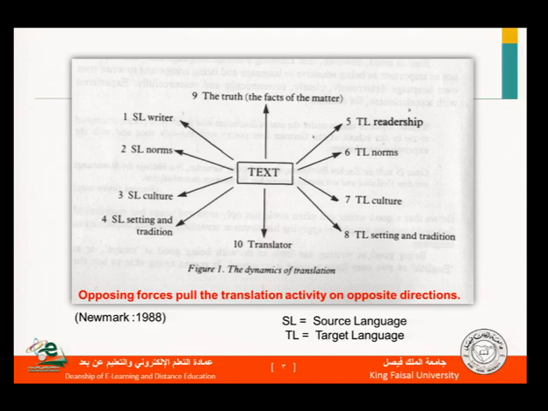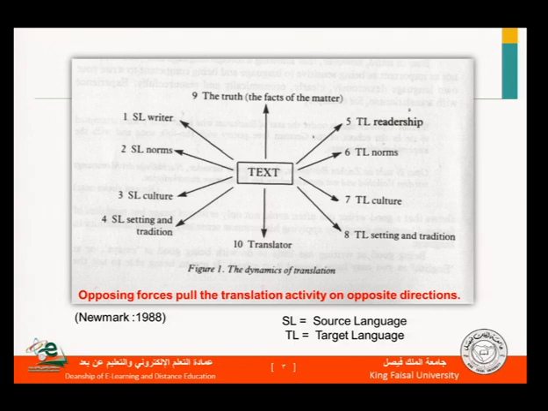It is the target language, TL. إذا سألتك في الاختبار مثلا SL and TL stand for، يعني إنها تمثل أو اختصار لإيش؟ SL source language، TL target language.